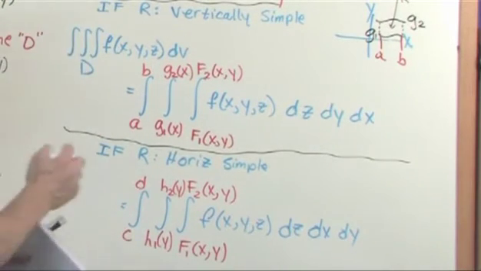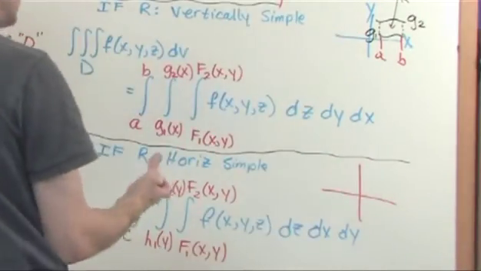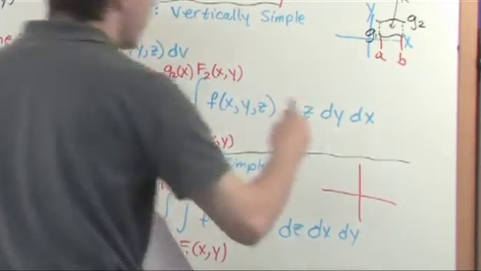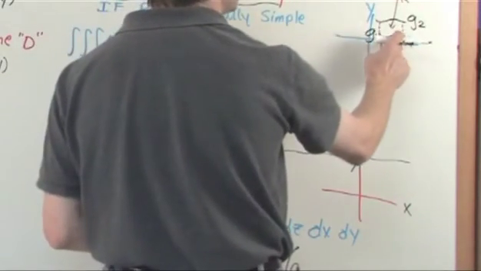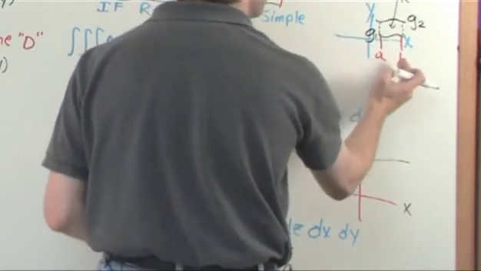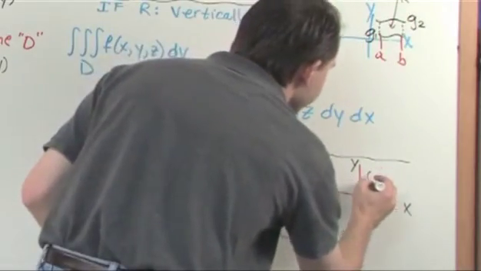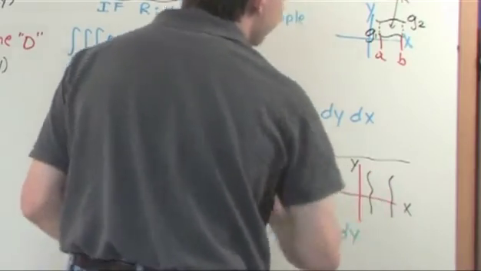Let me refresh your memory a little bit, just so you're not totally lost. If it's a horizontally simple region, all that means is that when you're looking down in the xy plane, instead of having your functions one on top of another and then going from one number to another number, your functions are laying sideways like this. So if you put a horizontal line, it only pierces each function one time.